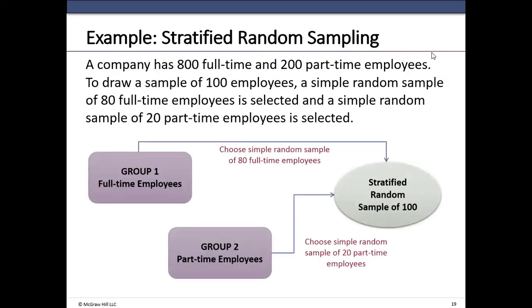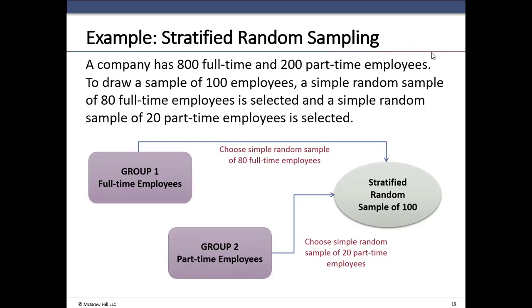So here is an example. A company has 800 full-time and 200 part-time employees. So 800 plus 200 is 1,000. To draw a sample of 100 employees out of the 1,000 employees, of which 800 are full-time and 200 are part-time, a simple random sample of 80 full-time employees is selected, and a simple random sample of 20 part-time employees is selected.